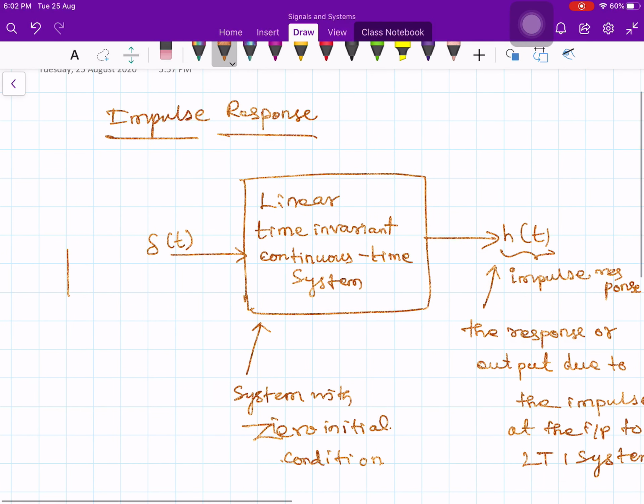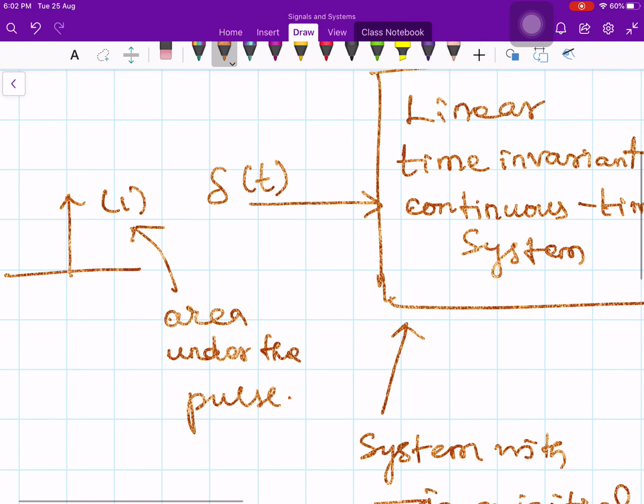You put 1, and this 1 indicates not strength, it is the area under the pulse. If we enlarge it, the pulse exists from, let us say, 0 minus to 0 plus, and this center point is 0. So the width is very small.